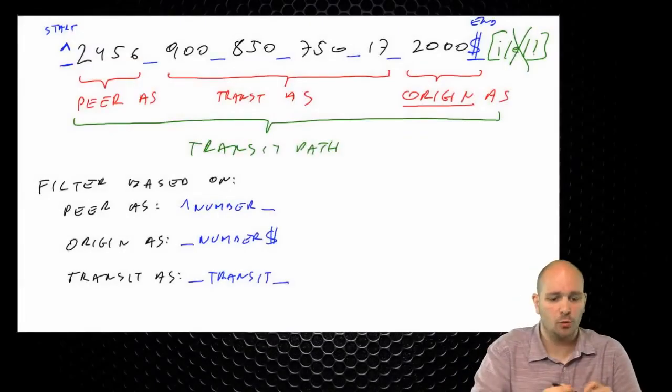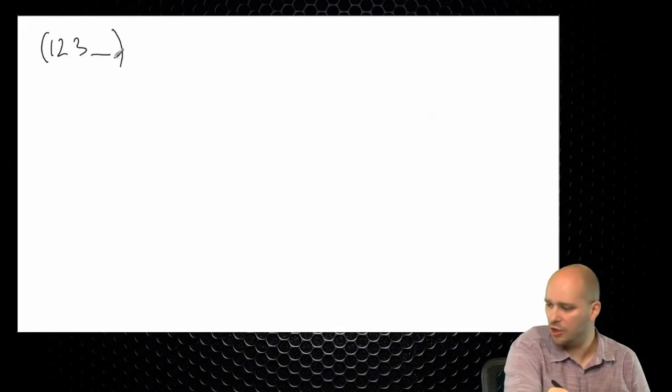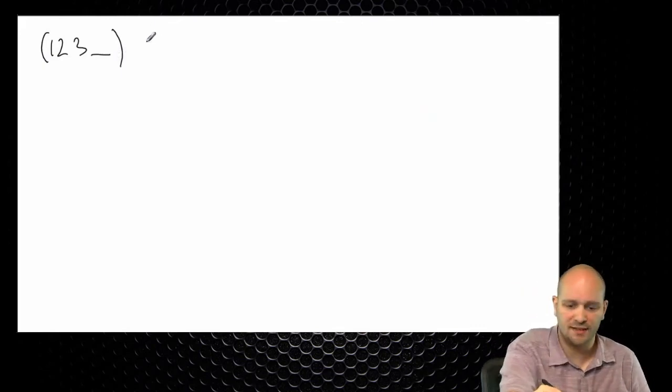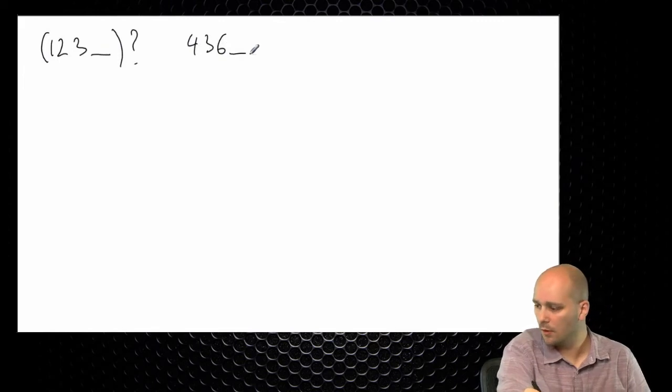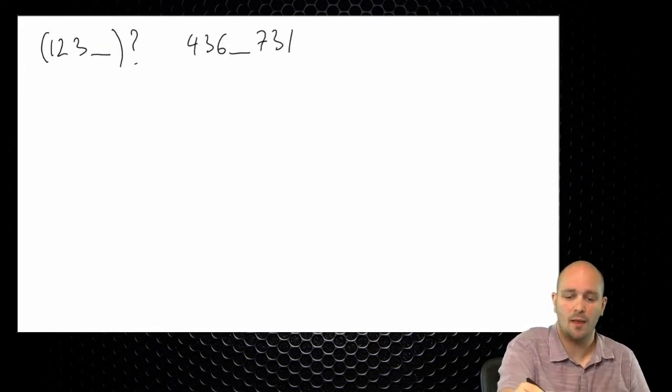The question here was, why does this pattern 1, 2, 3 match 4, 3, 6 followed by 7, 3, 1? Now, it matches because of this question mark.